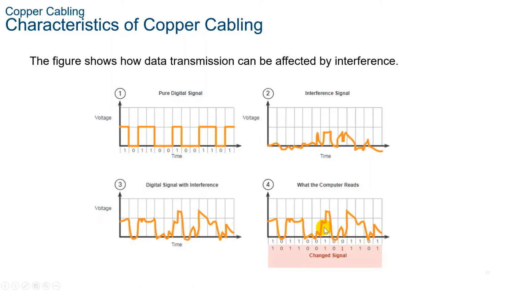Now, to counter the negative effects of EMI and RFI, some types of copper cables are wrapped in metallic shielding and require proper grounding connections. To counter the negative effects of crosstalk, some types of copper cables have opposing circuit wire pairs twisted together, which effectively cancels the crosstalk.